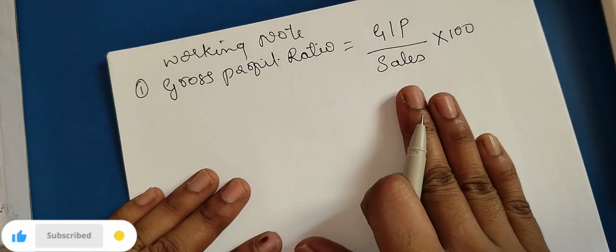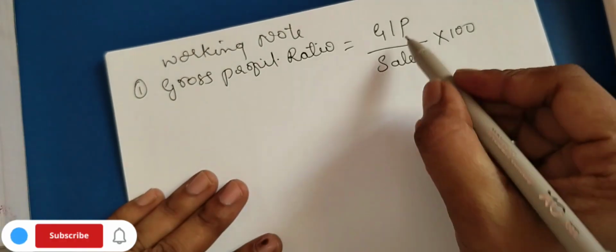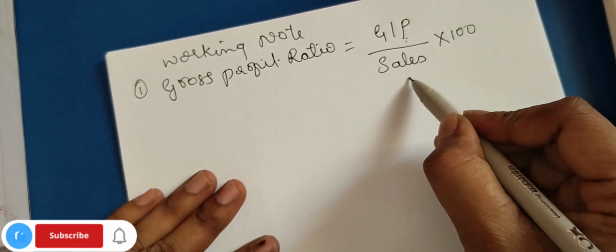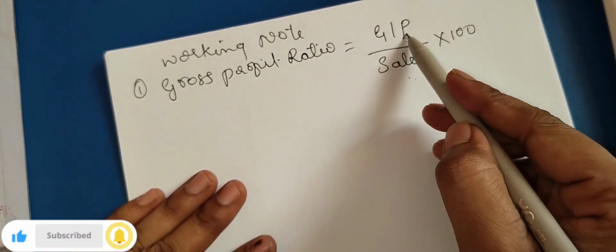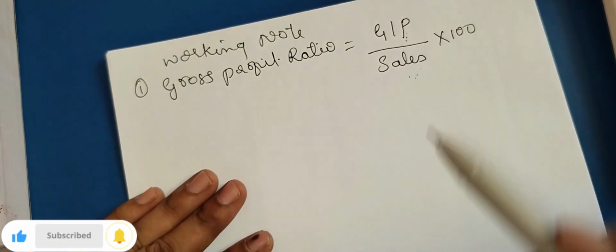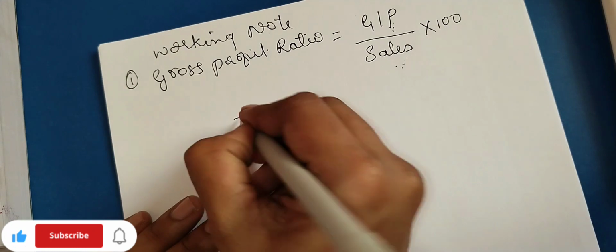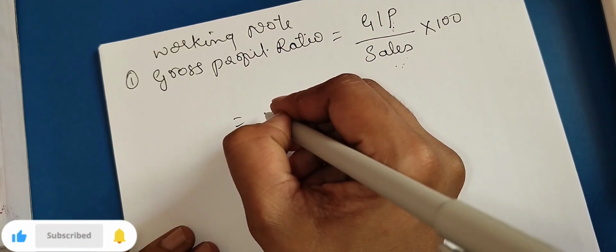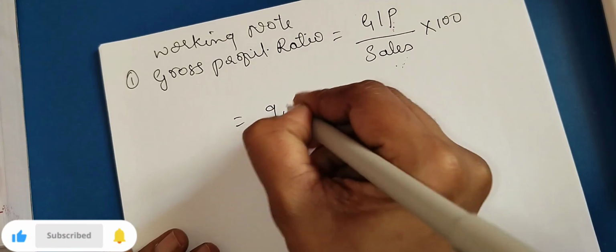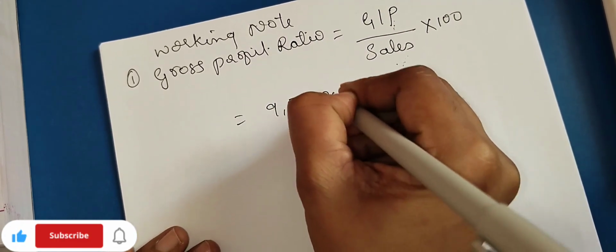This is how you find the ratio, because you found GP with the help of sales. Without sales you can't find GP. That is why under the denominator we consider the sales. Now, what is the GP for the department P? It is 9,50,000.